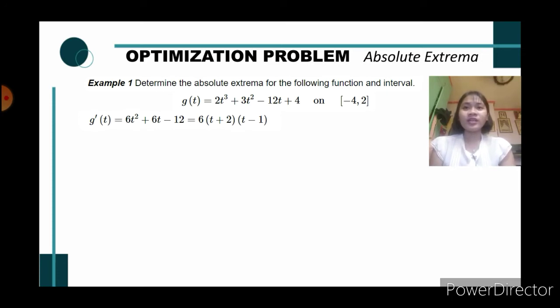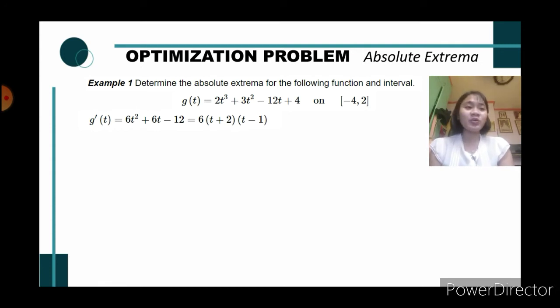So, we will get the derivative. Ang magiging derivative na ng given ay g prime of t is equal to 6t squared plus 6t minus 12, which is equal to 6 multiplied by the quantity t plus 2, quantity t minus 1.